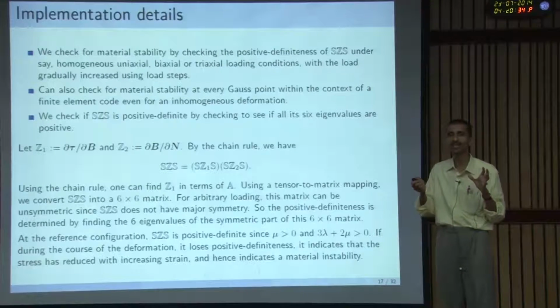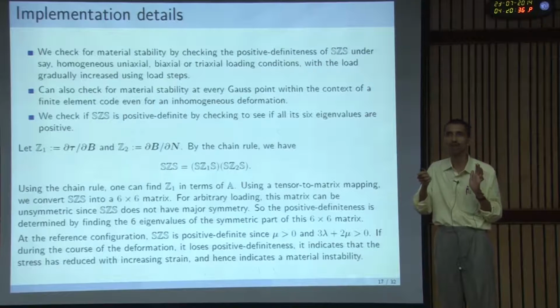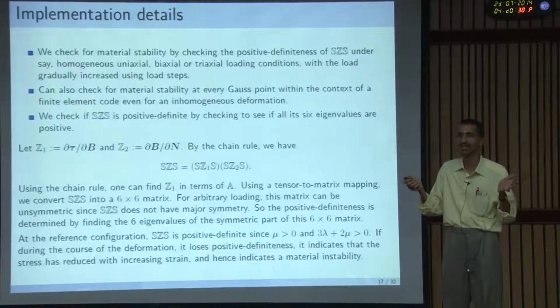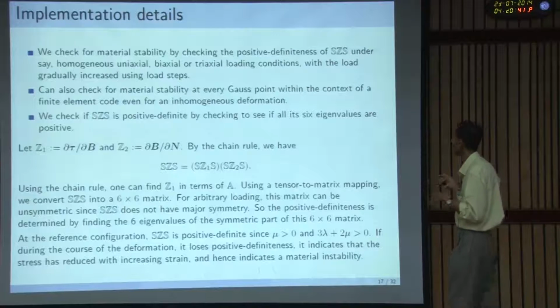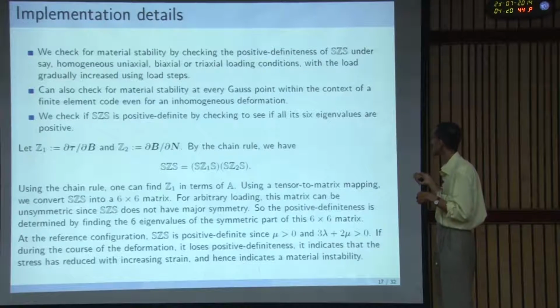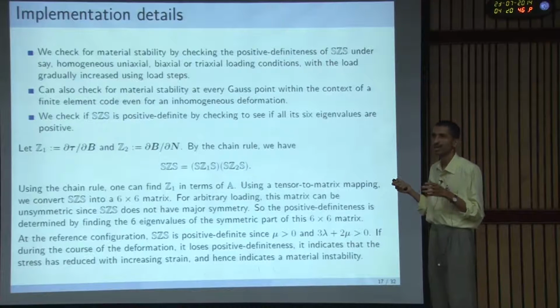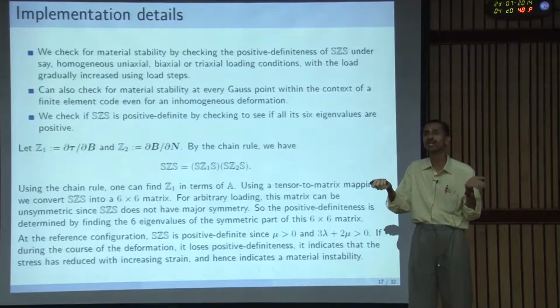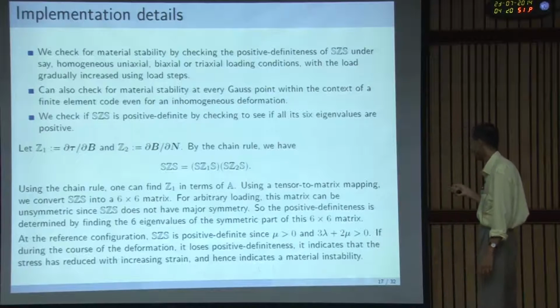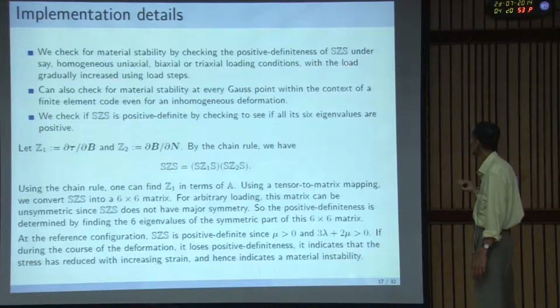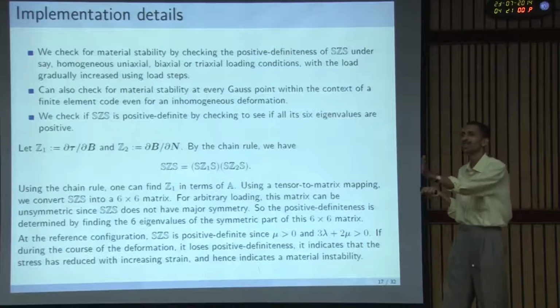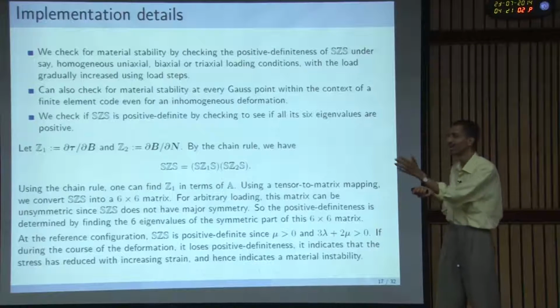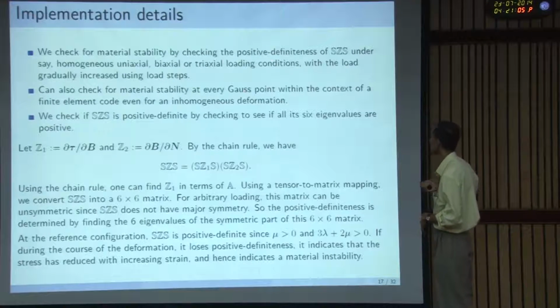So what we do is we test it under, let's say, simple cases: homogeneous deformations, uniaxial, biaxial, or triaxial loading conditions, and then check the positive definiteness in those cases. We consider that as the most critical case, let us say. So you just increase the load and see if things break down beyond a certain load. That will say whether the material has a material instability or not.